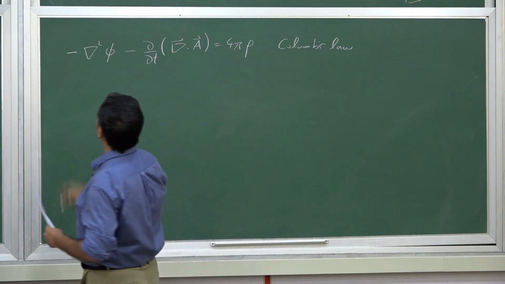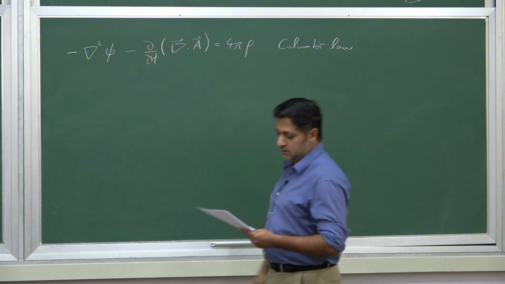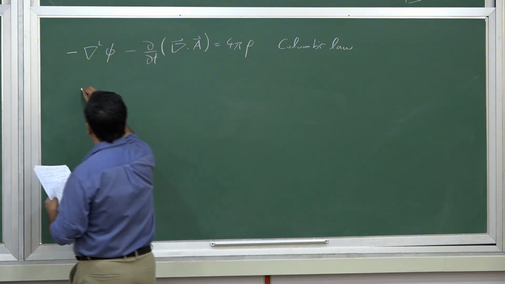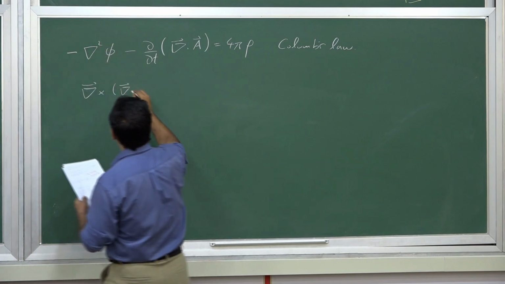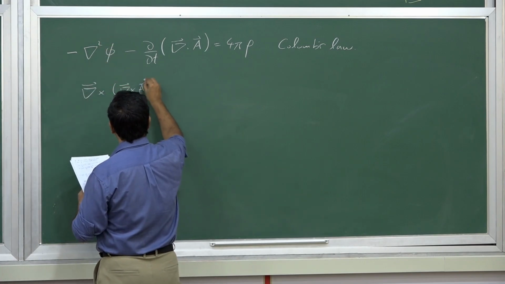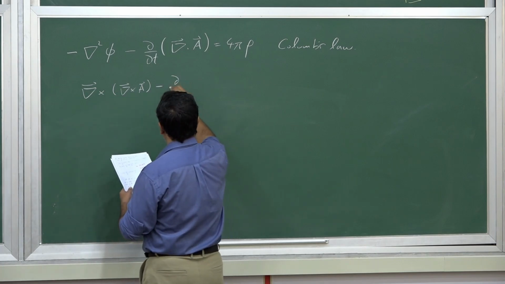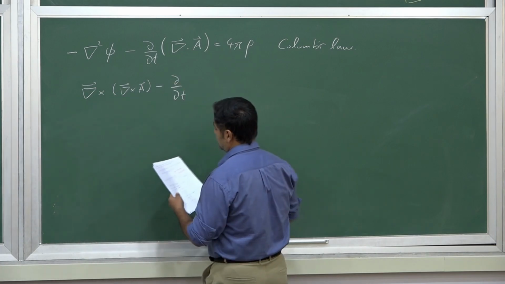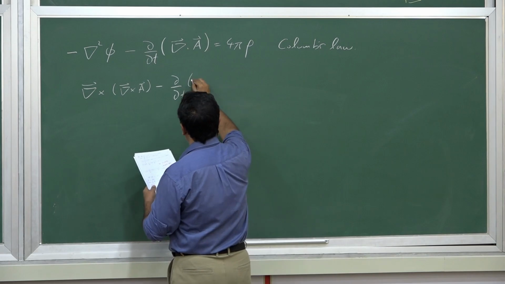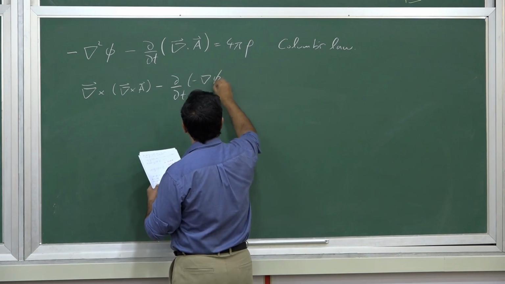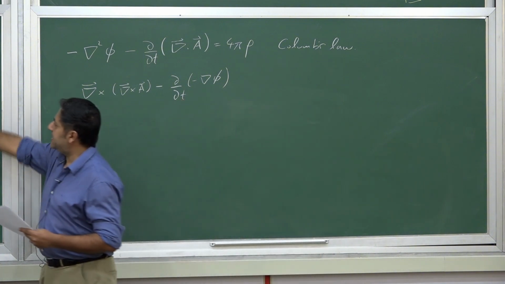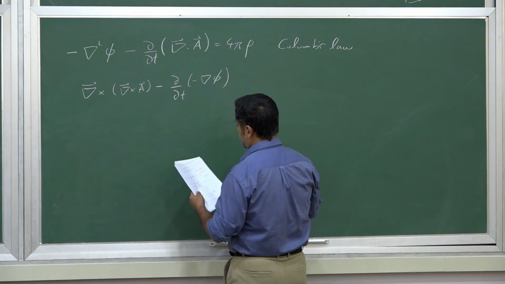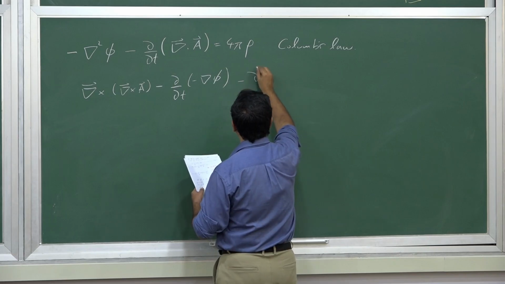And when I put it in the Ampere's law, I get del cross B is del cross del cross A. For E, I get minus del phi, but E also has minus dA by dt. So I get the second derivative.